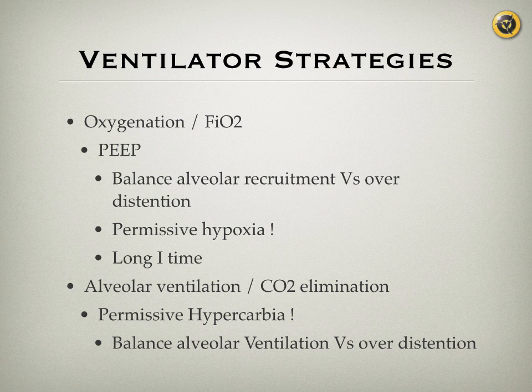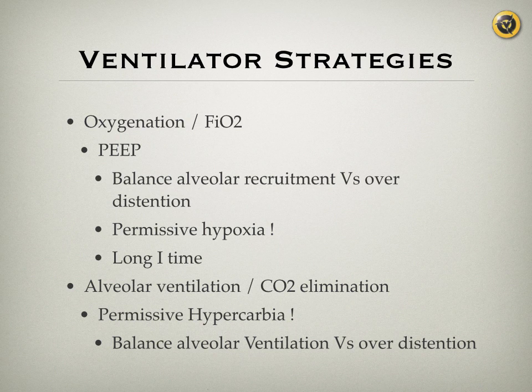Now, if you are concerned about carbon dioxide elimination, the first thing you need to think about is that permissive hypercarbia never harms patients. So if reducing CO2 by increasing minute ventilation, or increasing tidal volume, or increasing pressures will result in normocarbia, don't do it, because as long as a patient has a pH of 7.15 or better, there will not be any harmful effect from CO2 even in the 60s to 80s.